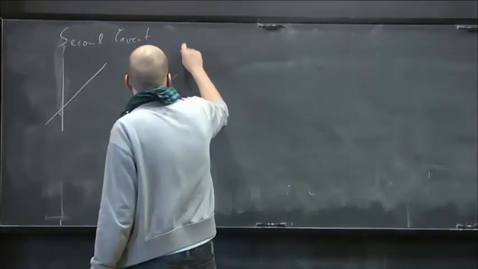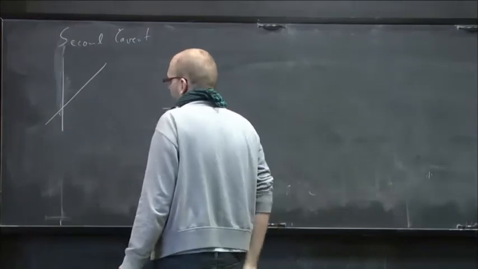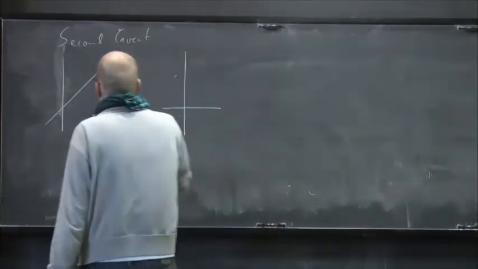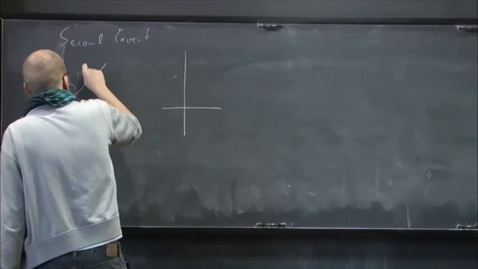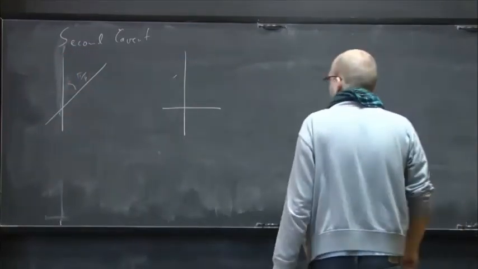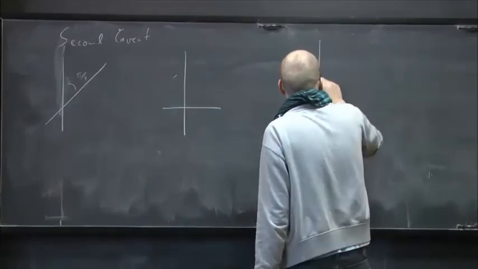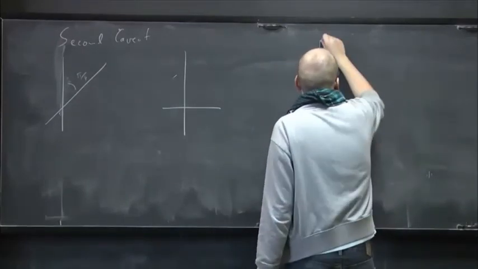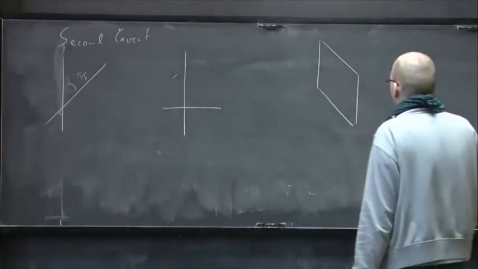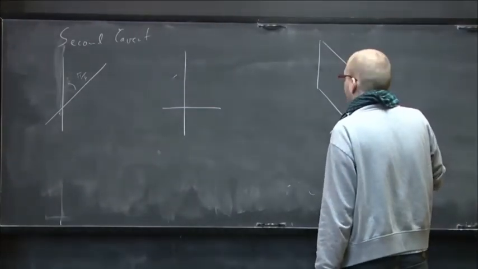So let's say we study this arrangement, and we study this arrangement. Combinatorially, they are the same. Let's say, for specificity, this is pi divided by 4. But if you work out the zonotopes, then in one case you would come up with this zonotope. And if I'm correct, the volume should be 1 over square root of 2.